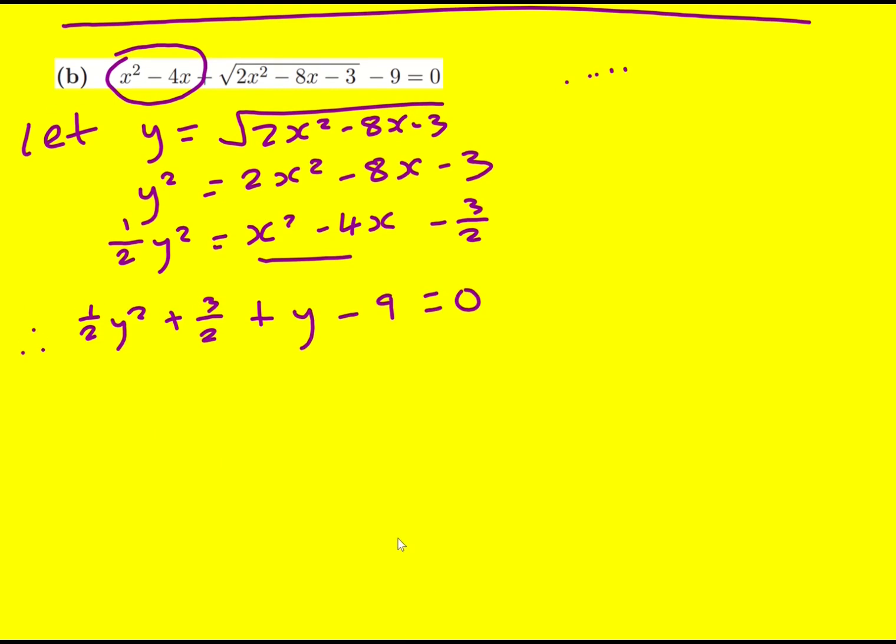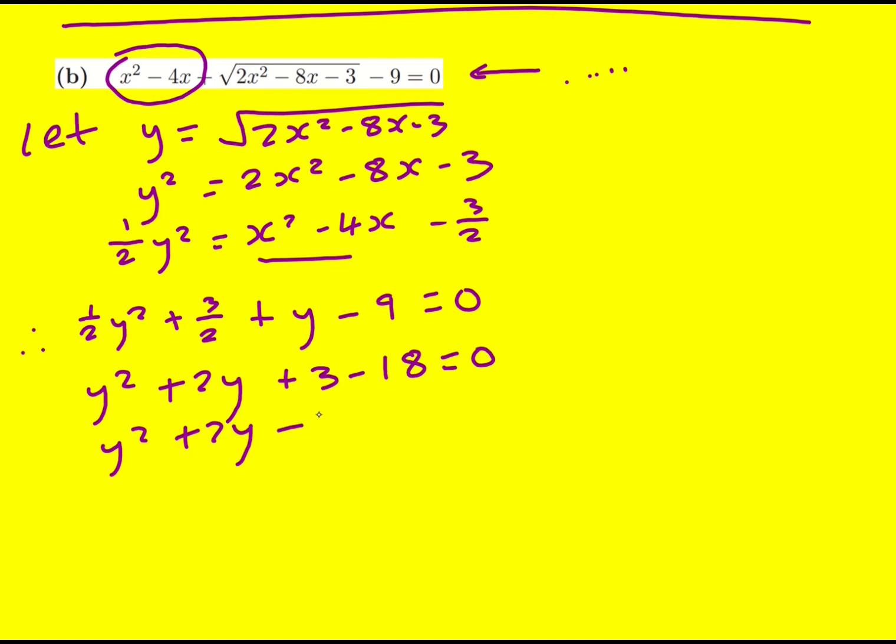And at this point I can times by 2. I mean, I could have timesed the whole equation by 2, but I didn't. Y squared plus 2y plus 3 minus 18 is equal to 0. Y squared plus 2y minus 15 is equal to 0.